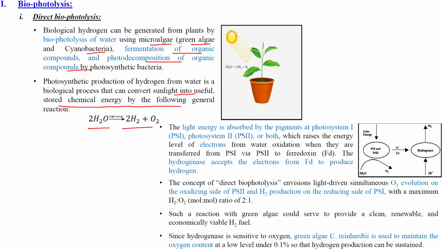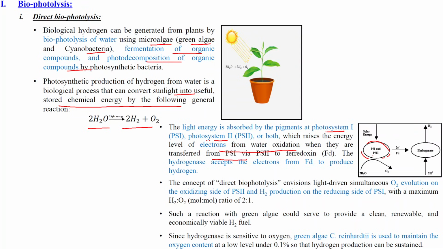Okay. So what happens is the light energy is absorbed by the pigments at photosystems, which raises the energy levels of electrons from water oxidation. These are the pigments which are available in the feedstock, basically the food waste or agricultural waste.